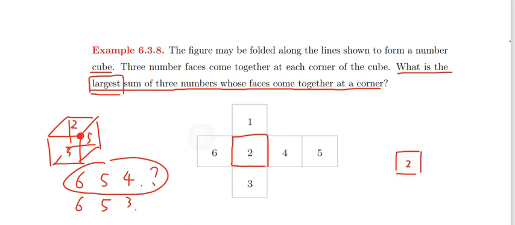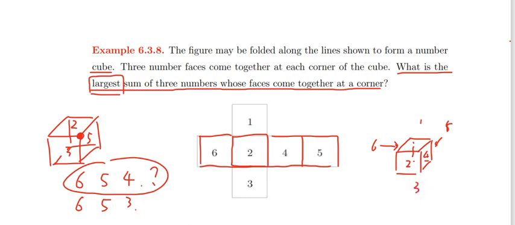Then we put the other 4 squares to form it. So let's say there's 2, then 4, 5 go to here, so 6 goes to here, right? So 2, 4, 5, 6. And the top is 1 and the bottom is 3.